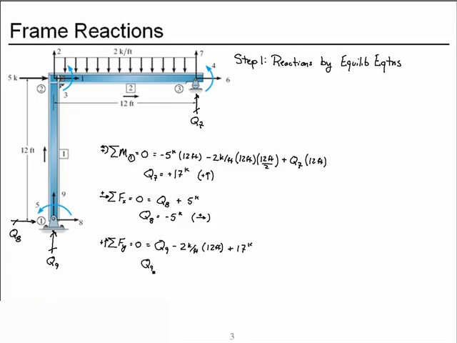I solve that for the unknown reaction at degree of freedom 9 and obtain a positive 7 kips. It is acting up. Now just a reminder, these are not approximate results. These are exactly the results we should obtain from the stiffness method.